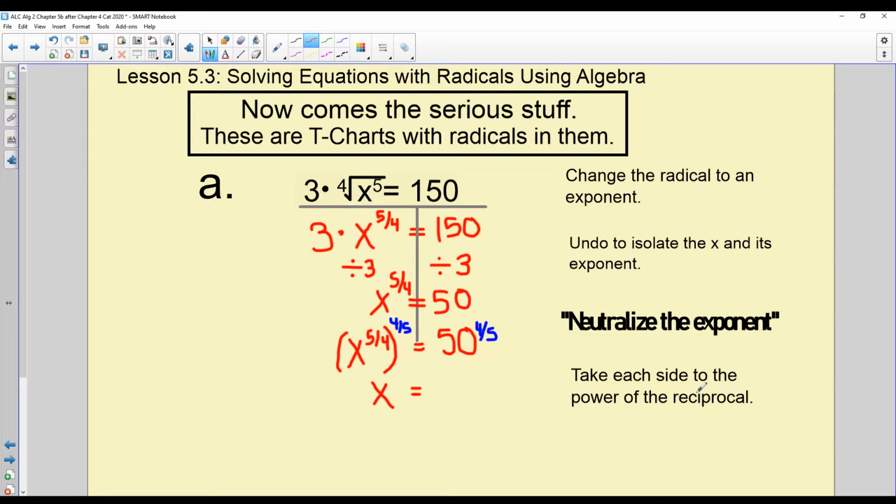And then you're going to enter this in your calculator: 50 caret parenthesis 4 divided by 5. And when you enter that in the calculator, what do you get?